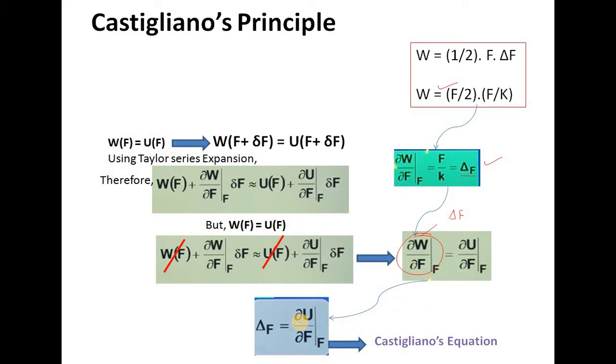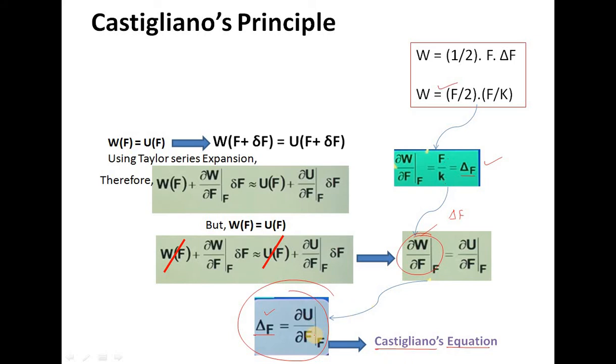So I will arrive at this final equation, which is delta F is equal to dou U by dou F with respect to F. That is, to find the deformation in the structure, you have to partially differentiate strain energy with respect to F at F, and this is actually called Castigliano's equation.